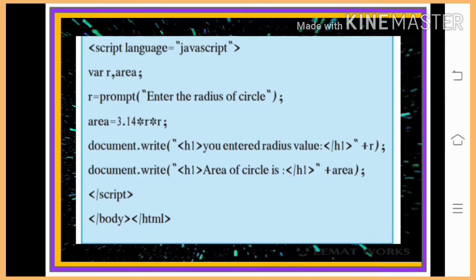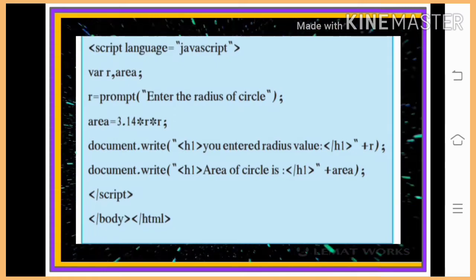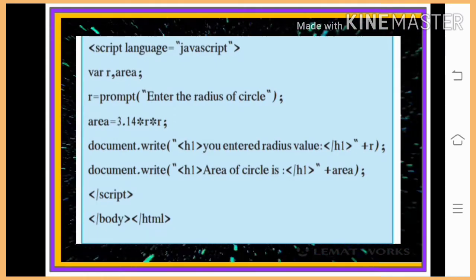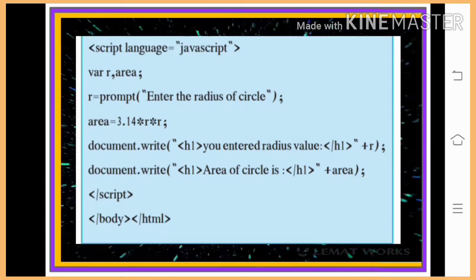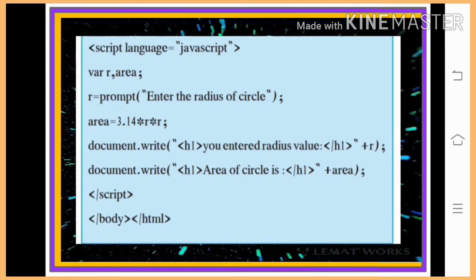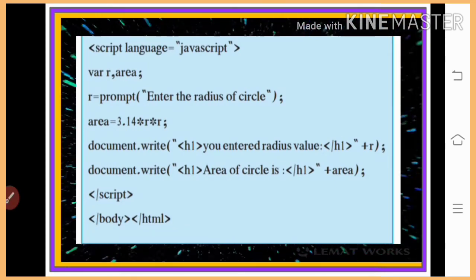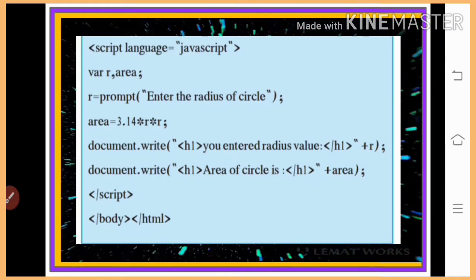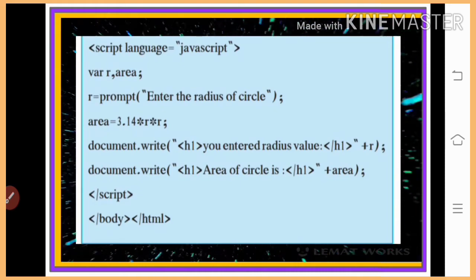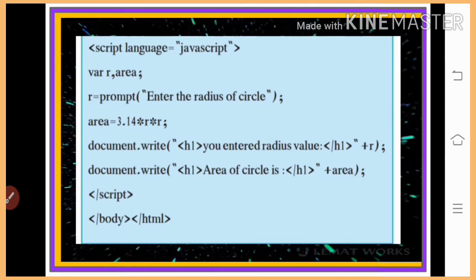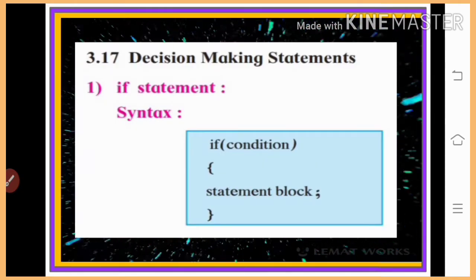In the next line write document.write, h1, area of circle is, close h1, plus operator, concatenate operator, and area. Close script and close body and HTML tag. Save the program and execute it on the browser. In the output, if you enter radius 5.5, then you will get area of circle is 94.985.